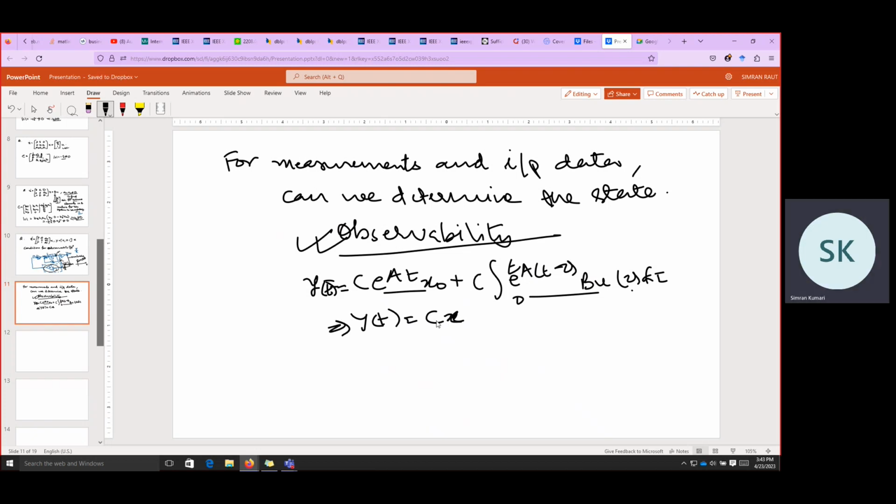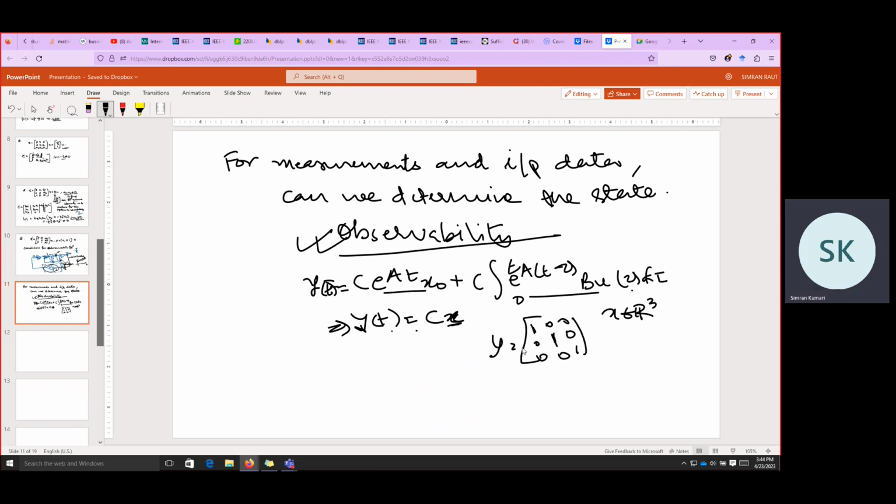Now we have seen in lecture that the number of states may be greater than or equal to the number of outputs. If it is equal, then suppose x belongs to R to the power 3 and we have C equal to 1, 1, 1 along the diagonal.